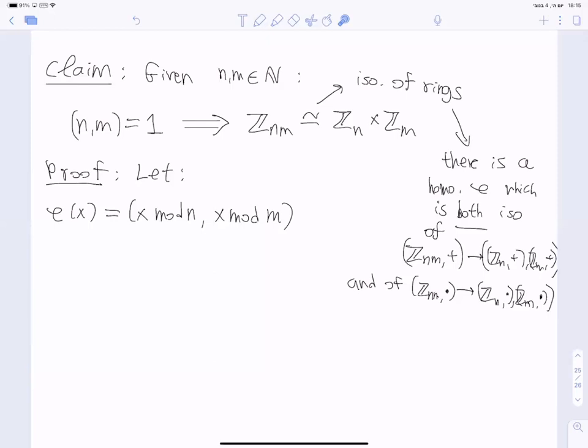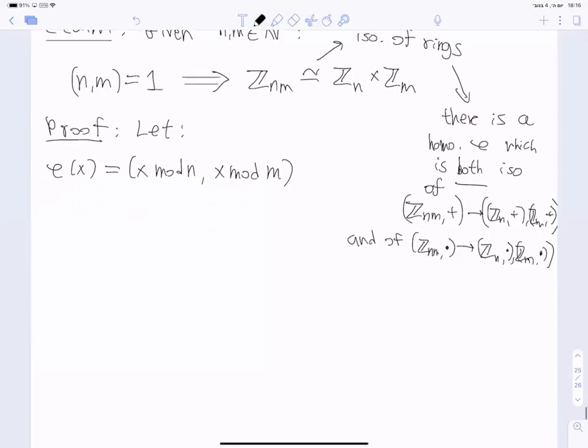Exactly. This is what the Chinese remainder theorem tells you: once you have the elements here, you have a solution, which is why it is surjective. To any element in the target, you have a solution. And this solution is unique modulo nm.